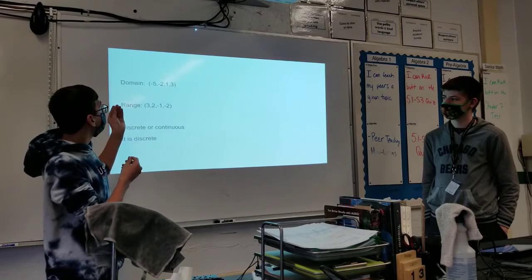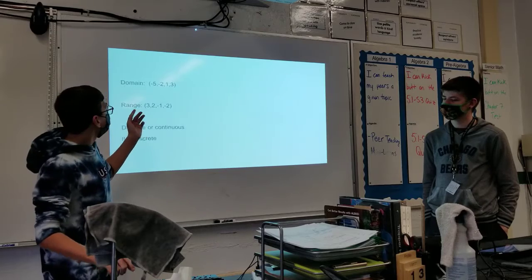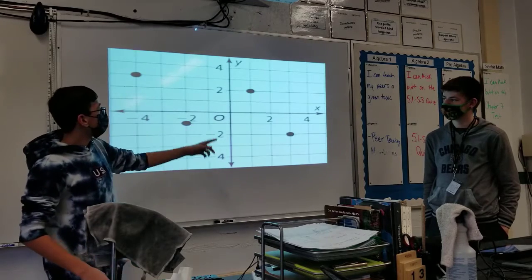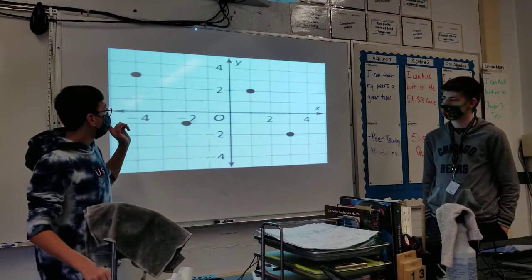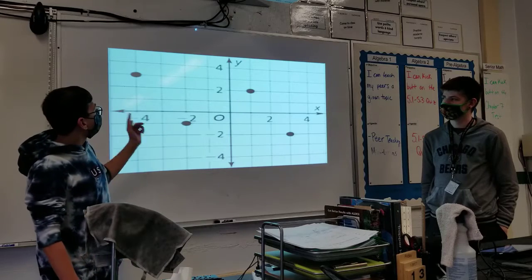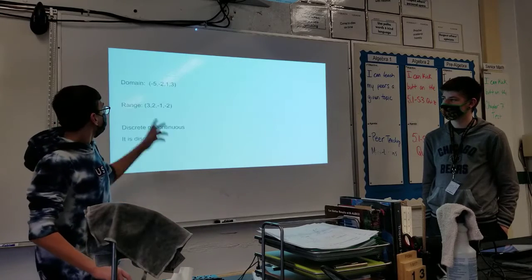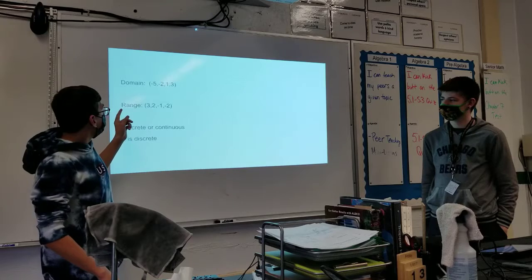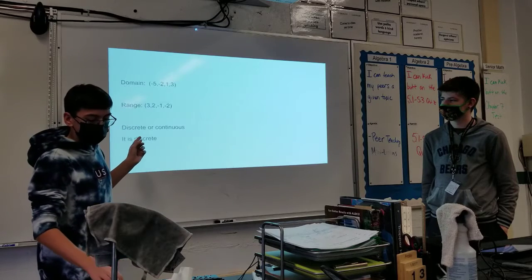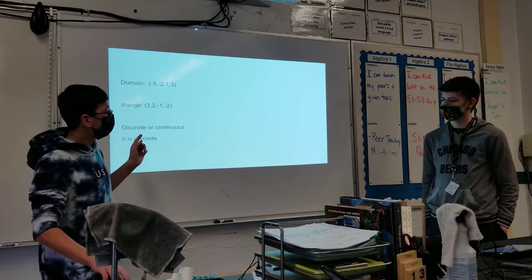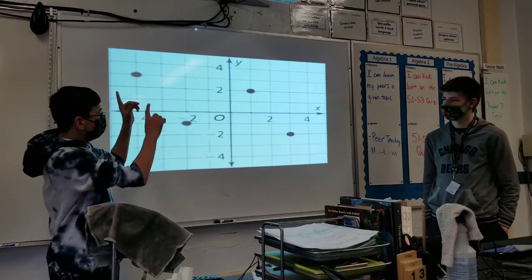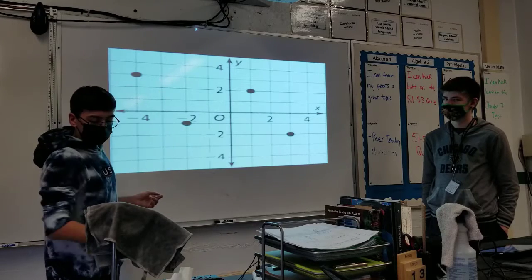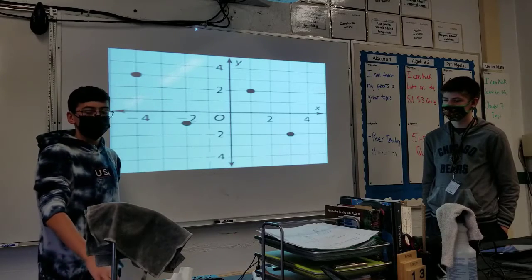With the domain, you have to find out what the x coordinates of these dots are, and then put them in the domain. And the range, you have to find the y coordinates here. And then you have to find out if it is discrete or continuous. And since it is not continuously going forever, it is discrete.